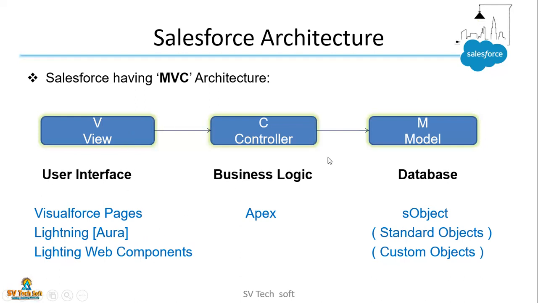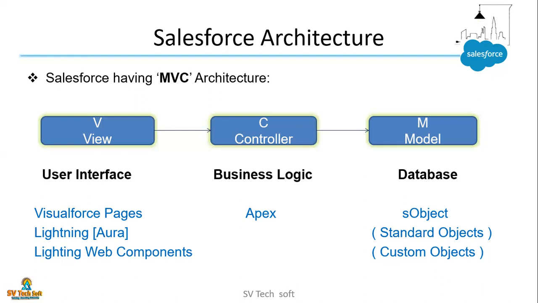Then controller, business logic. What is this business logic? Salesforce by default provides some declarative frameworks like workflows, approval process, validation rule, record type. Everything is provided by default, but each and every requirement may not be achievable through standard functionality like declarative frameworks. If the requirement is not achievable through declarative, at that time we have to go with coding.